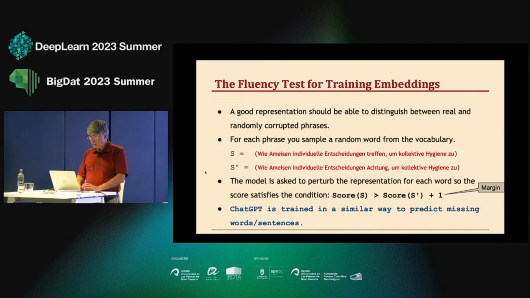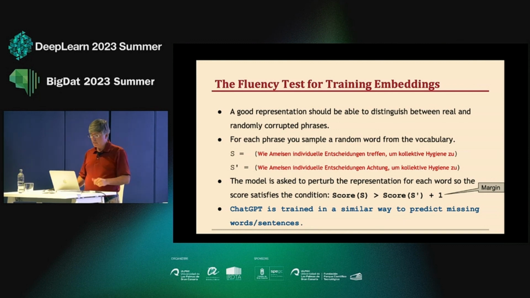Everybody's in love with ChatGPT these days. Notice that ChatGPT is kind of trained in a similar way as these word embeddings. You gave it a sentence, and you said, predict what the next sentence is. That was kind of the criteria that was used in training this thing.